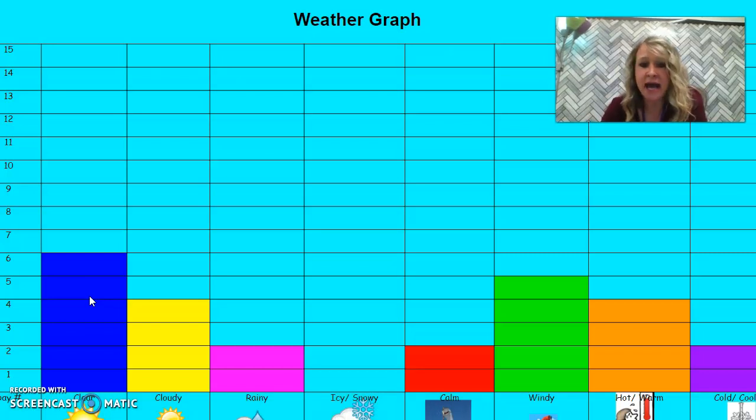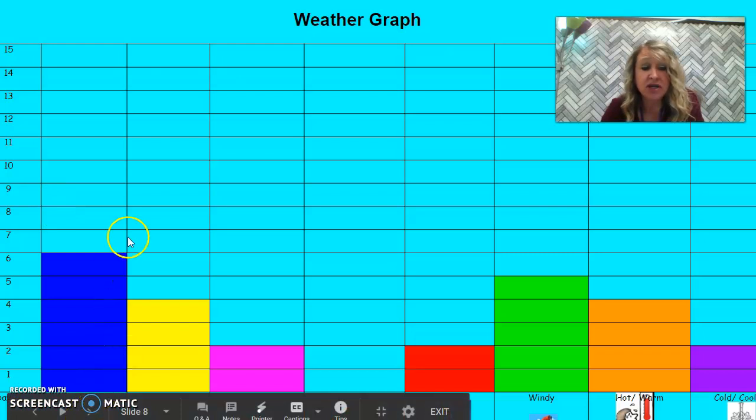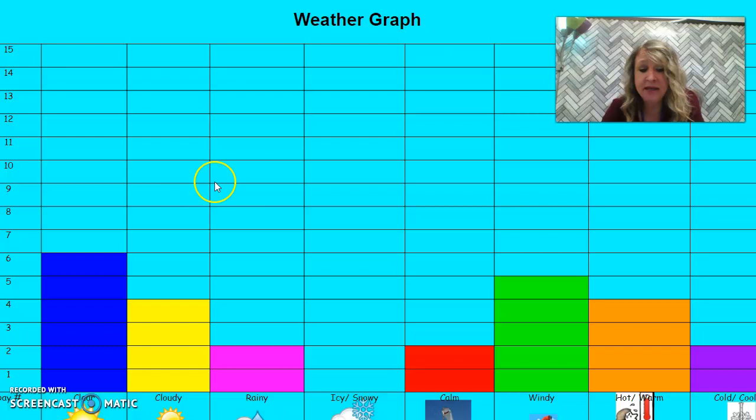What are the categories? What kind of weather did we graph? We graphed clear, cloudy, rainy, icy and snowy, calm, windy, hot, warm, or cold and cool.